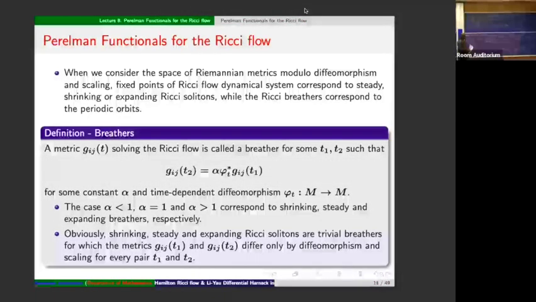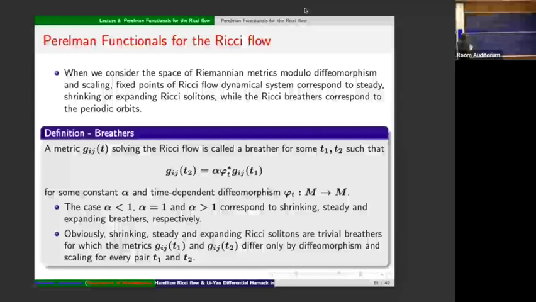Okay, let's give this definition. This is what we call a breather. If you look at this, it looks like the way we define a soliton. But now you have a scaling constant here, and a time-dependent diffeomorphism.